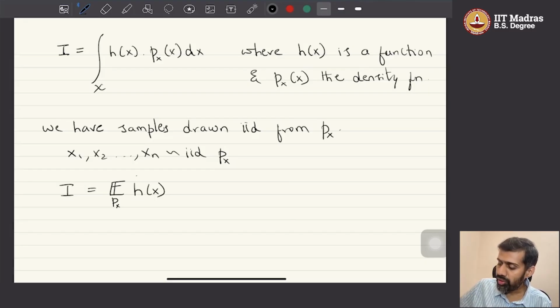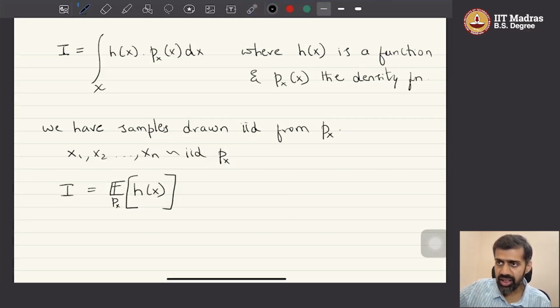If you integrate a particular function h(x) multiplied by a density function over the space of the random variable, then that integral is defined as the expectation of that function with respect to the underlying distribution p(x). This is called the law of the unconscious statistician, abbreviated as LOTUS.